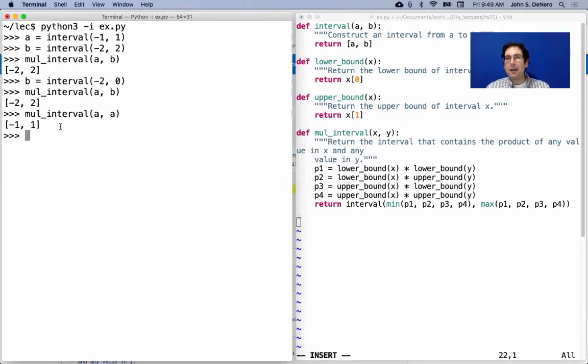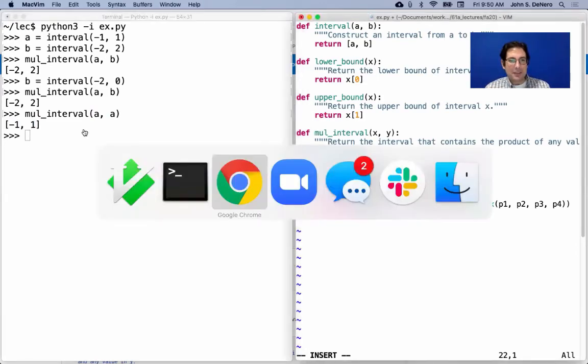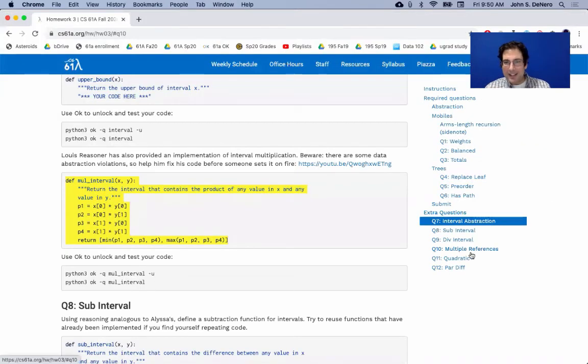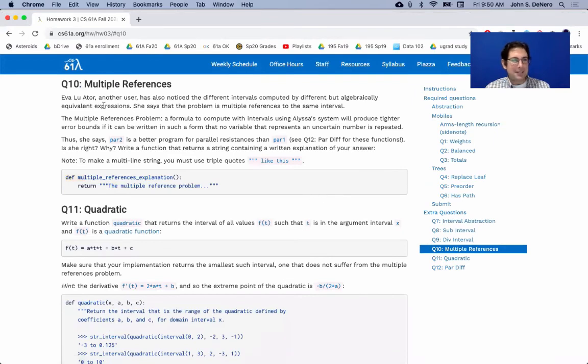Anything squared is greater than or equal to 0. That's just a fact. Yet somehow we have code that says if I multiply A by A, I could get anything from -1 to 1. So something has gone wrong. And that was what this question was about. So let's read the question and then try to understand what's going on.